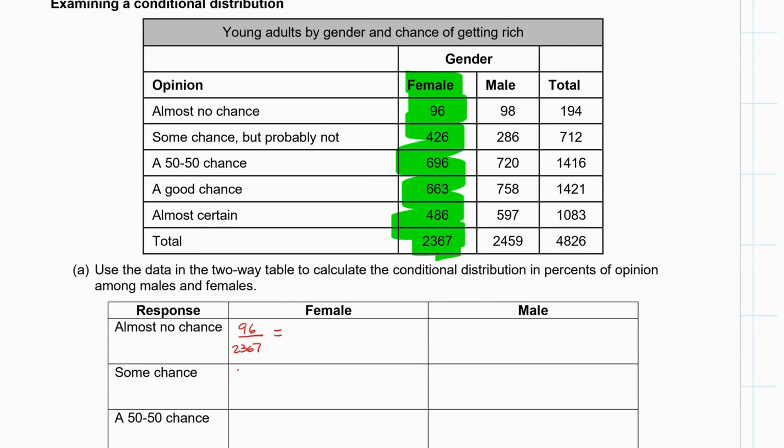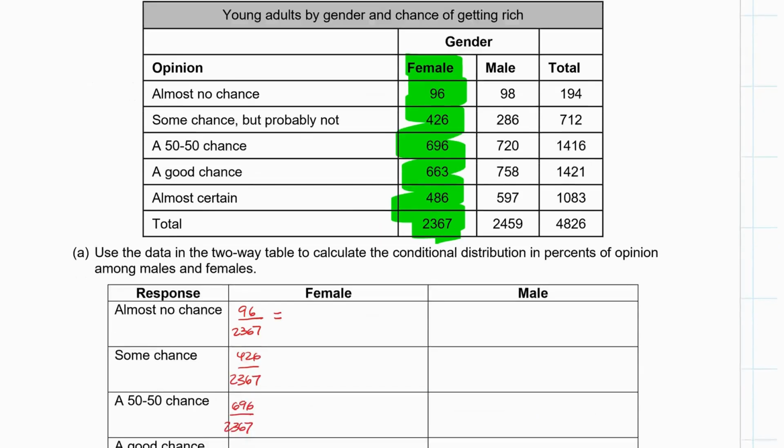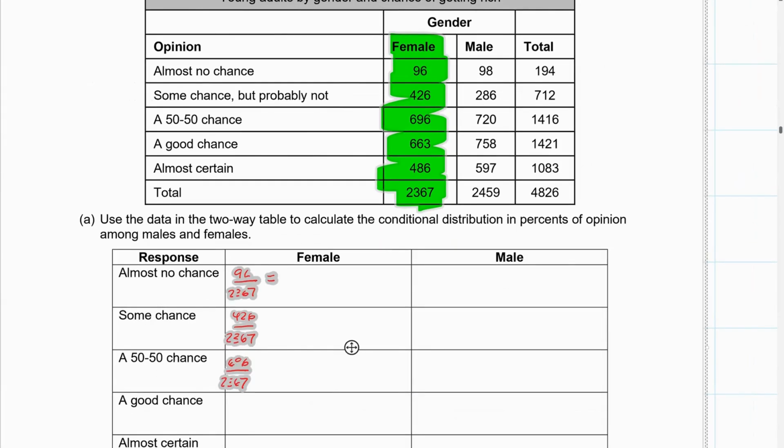And also the next one would be 426 out of 2367 and 696 out of 2367 and so forth. 663 out of 2367, and the almost certain is 486 out of 2367.